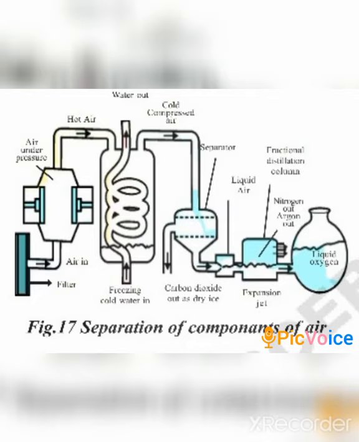And in the third one, you can find the liquid air, third chamber, and in the fourth chamber, which is a fractional distillation column, wherein the liquid air is being collected, is allowed to warm up so that different gases would be separated depending upon their boiling points.